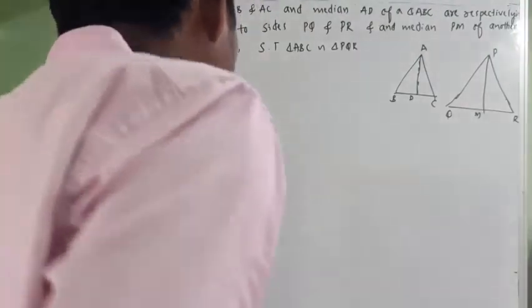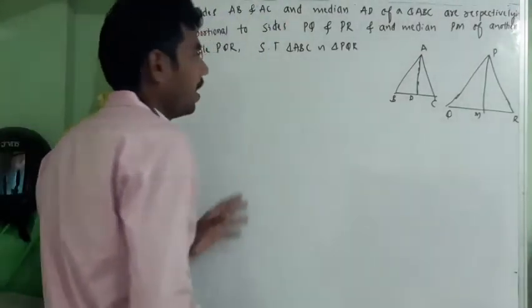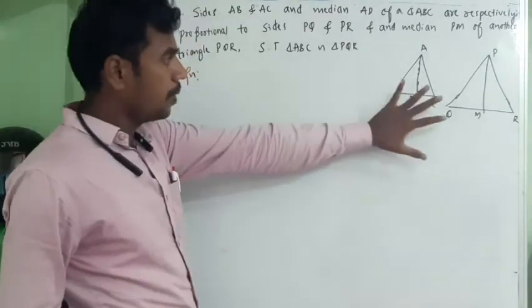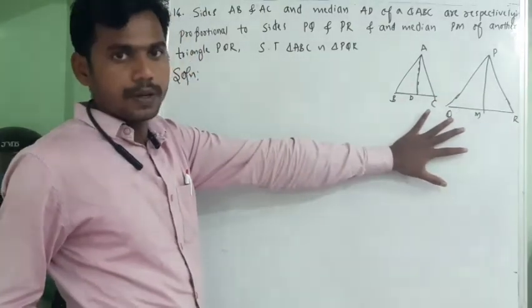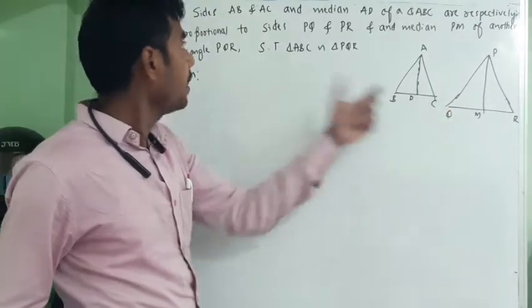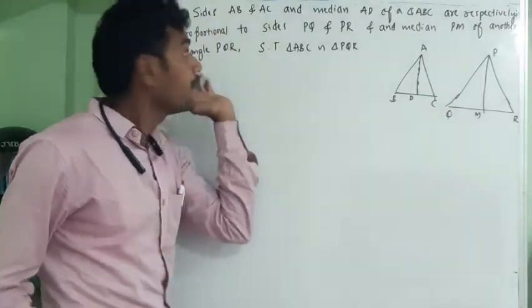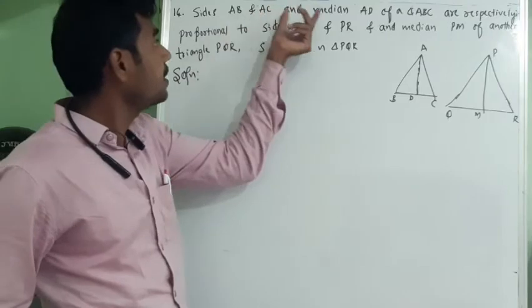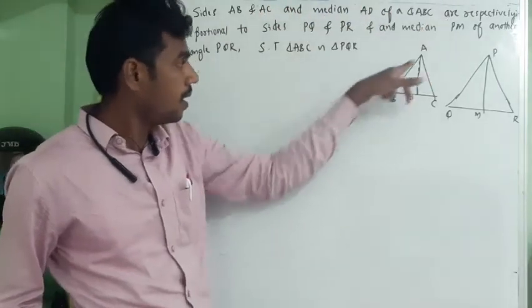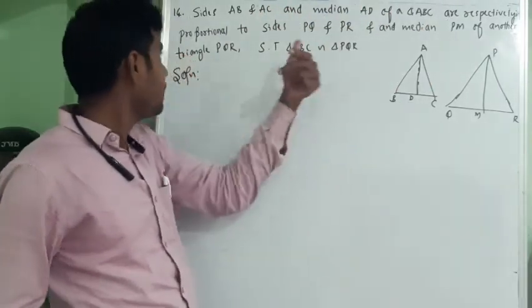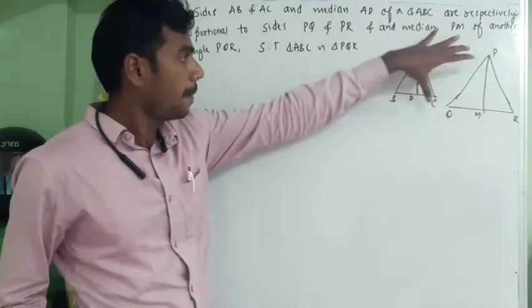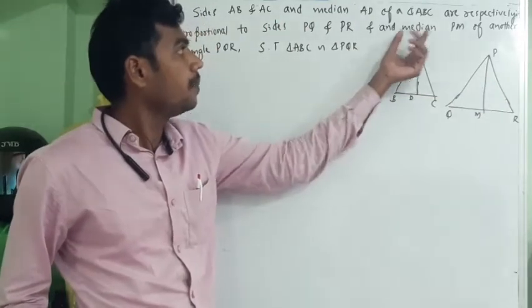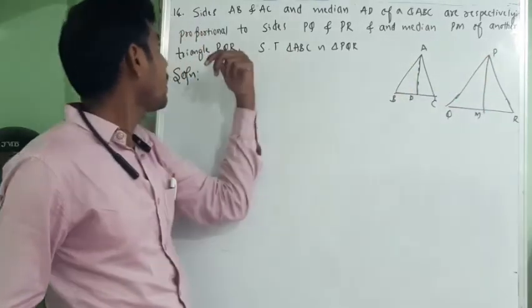So 14th question. Here a little bit of construction we need to do. Later I will show what construction part we need to do. So 14th question. Sides AB and AC and median AD of a triangle ABC are respectively proportional to sides PQ and PR and median PM of another triangle PQR.